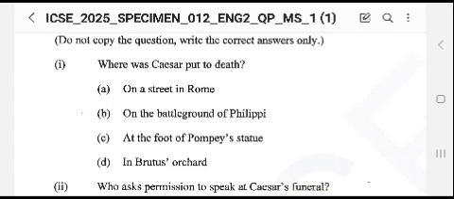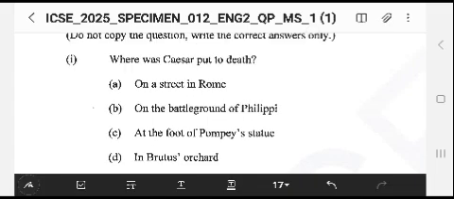Then the remaining 2 we have to take. Then we have to write the exact answer. So in this particular question, the answer is at the foot of Pompey's statue, that you will be getting. Right? Then we go down.